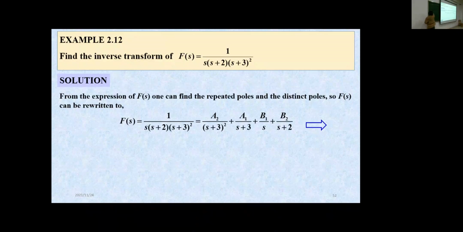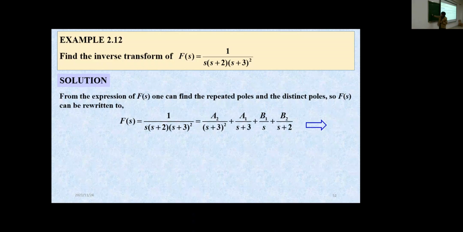Just like the same, A2 is s plus 2 squared. And how about A1? We have s plus 3, right? And s plus 2. And then you can rearrange according to the order of s and compare it with this one.